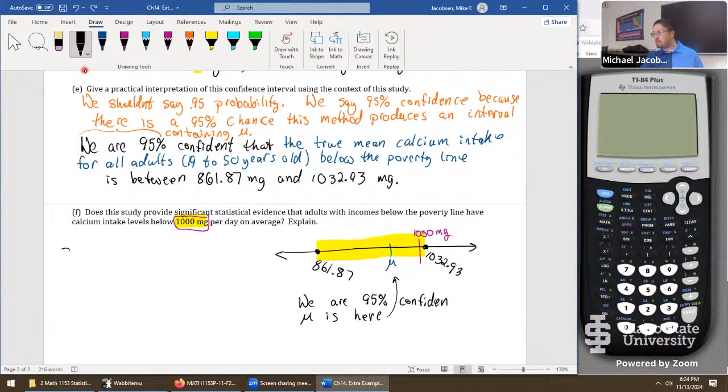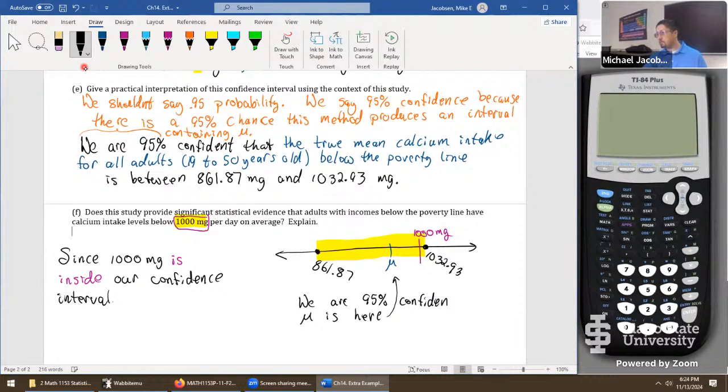We'll say here, since 1,000 milligrams is inside our confidence interval, it is plausible that mu could be potentially greater than or equal to 1,000.